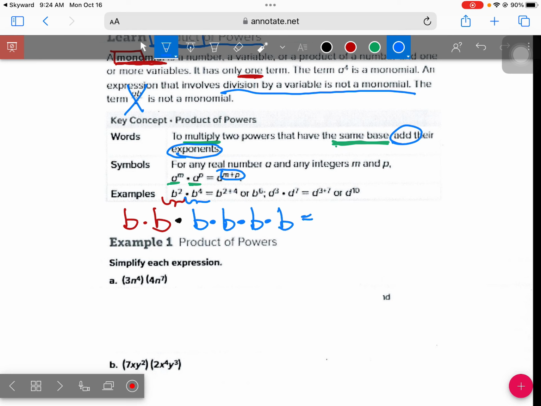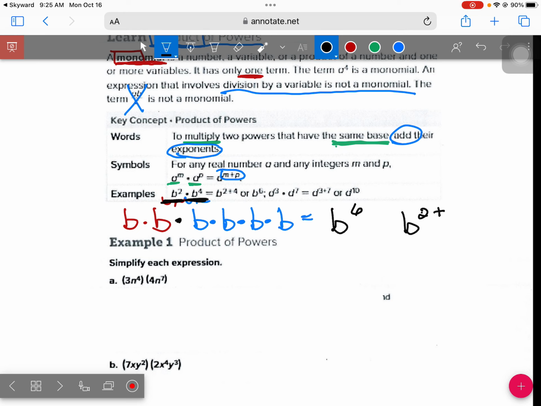Now, if I didn't know this rule, I would say this is multiplying b times itself how many times? 6 times, right? So this would be b to the 6th power. But instead of having to write this out each time, if we keep this in power form, you keep the base, b, to the 2nd power, and you add the exponents.